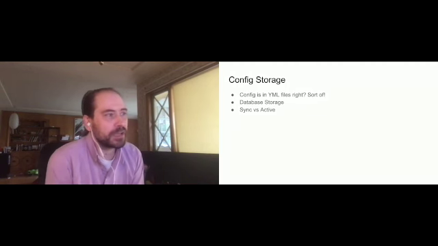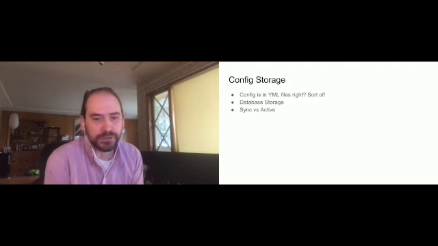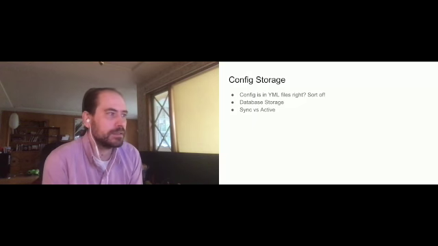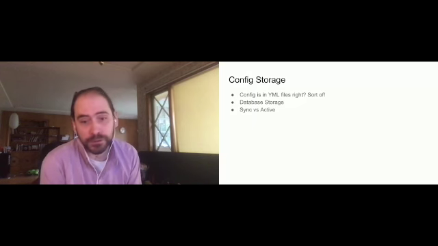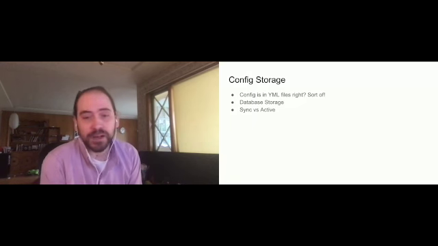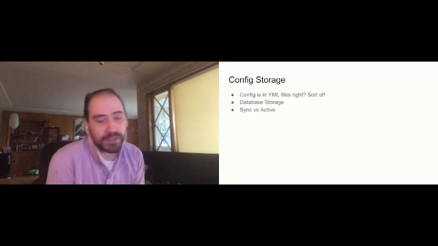So that means that we actually have two configuration storages in Drupal, the sync storage and the active storage. The sync is the file folder on your file system where the YAML files live. The active configuration is where the configuration is actually used by Drupal in the database table.